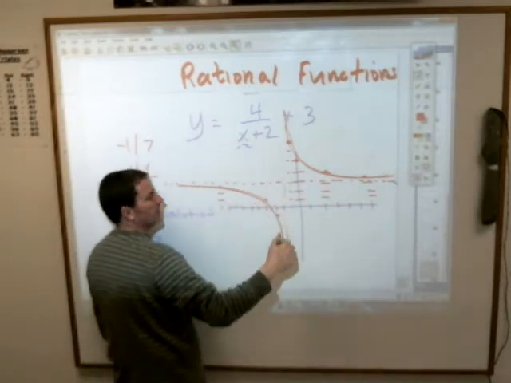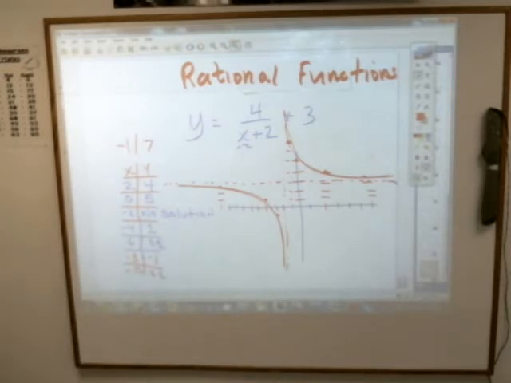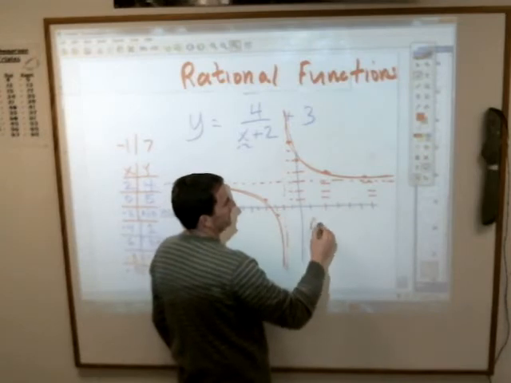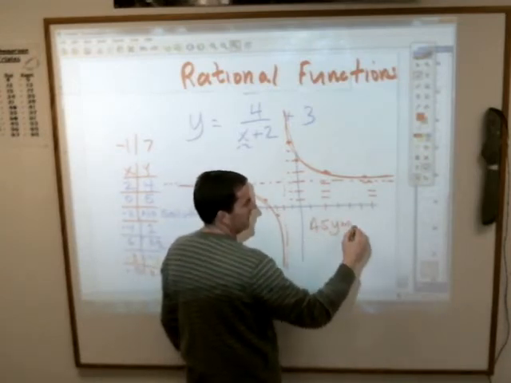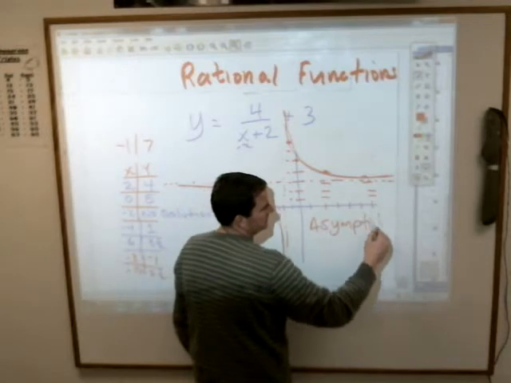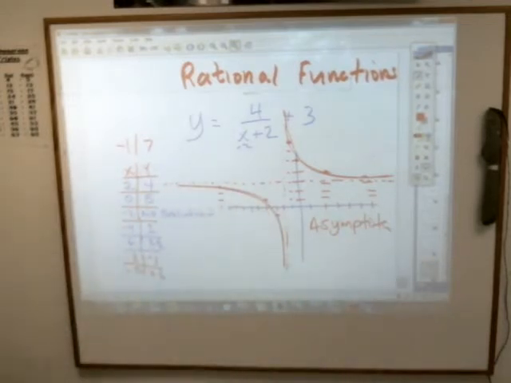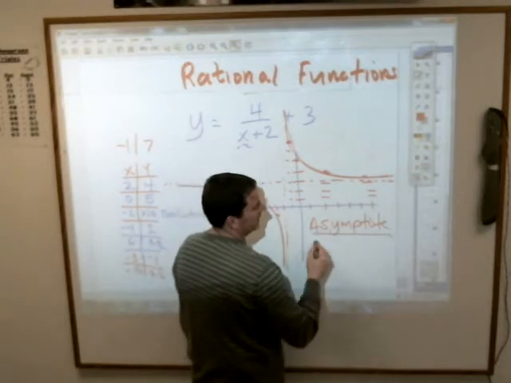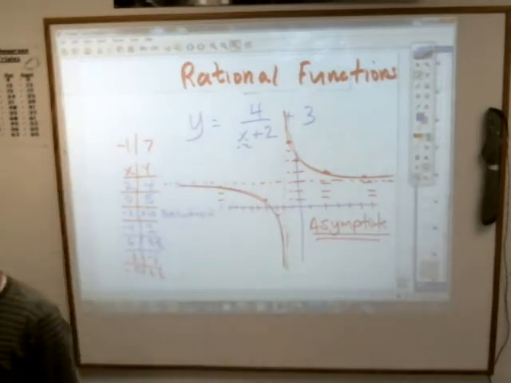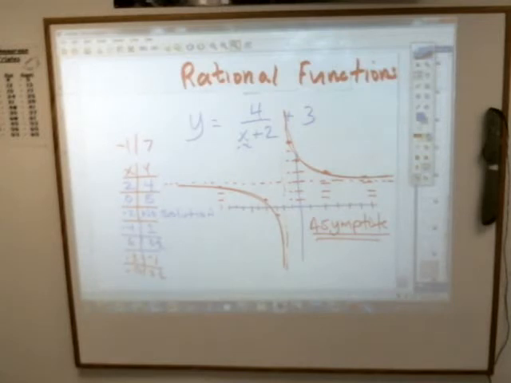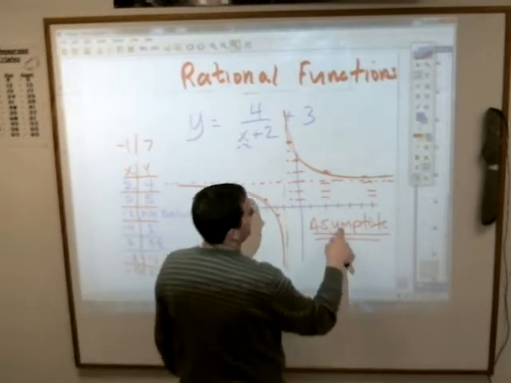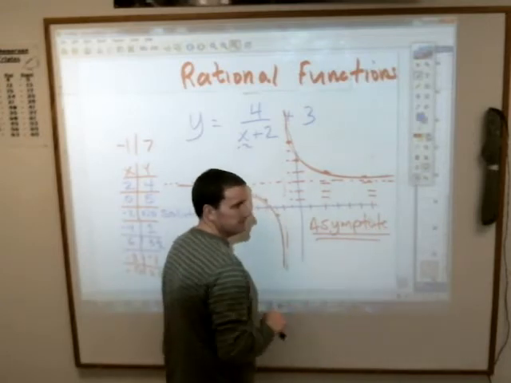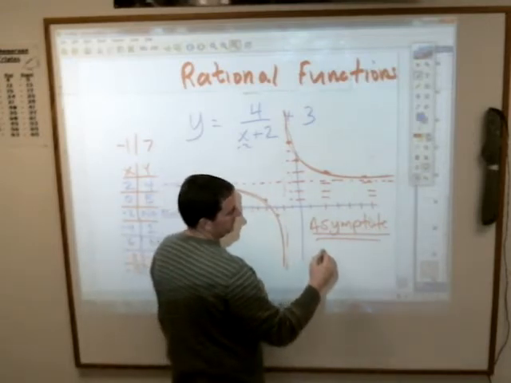Those two lines are called the asymptotes. Asymptote. It's just hard to say.